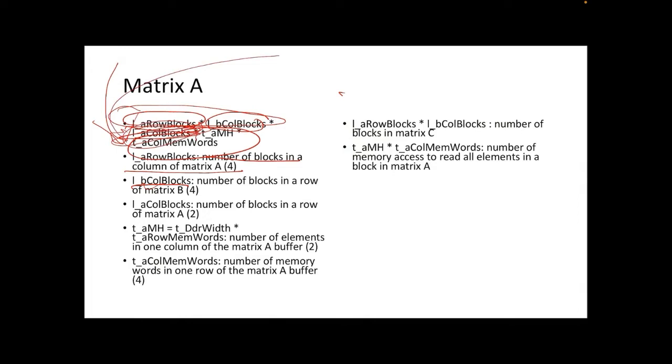Give me an actual number. It depends on your parameter. Here it is for 8 times 8 times 8. What's the parameter that affects the memory? That's block size. It depends on your block size, because this one means the number of blocks in a row.